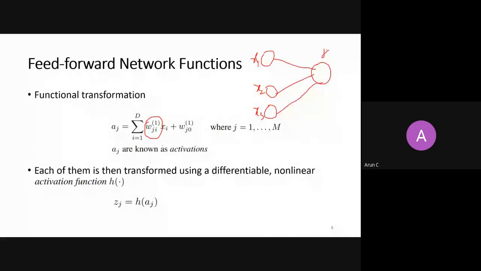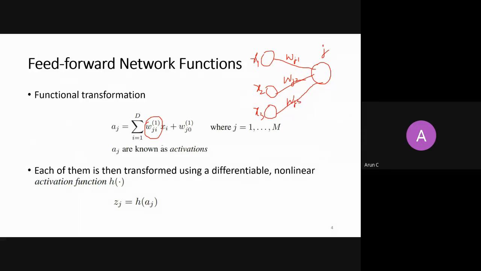So I can represent my weights like this: wj1, wj2, wj3, right?